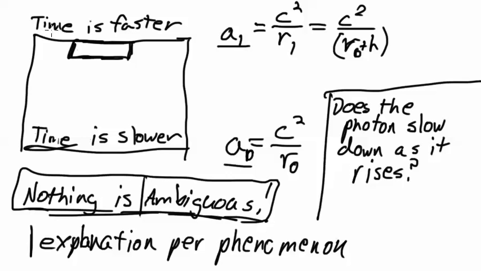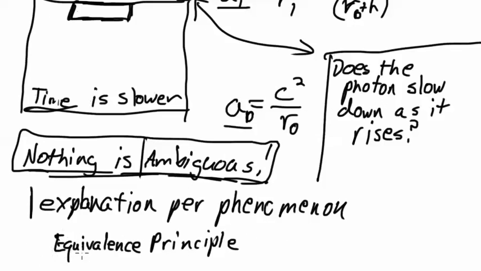So if time is faster up above, but the photon's rate of speed is constant, would these be the same effect, or is it kind of an either-or proposition, where you can either say that the photon slows down as it rises and time is at the same speed, or the photon moves at constant speed, but time is faster up above.